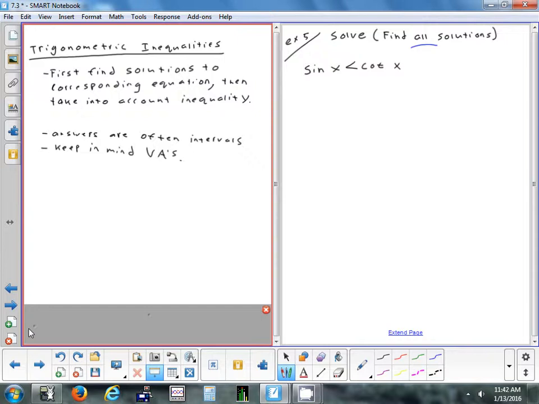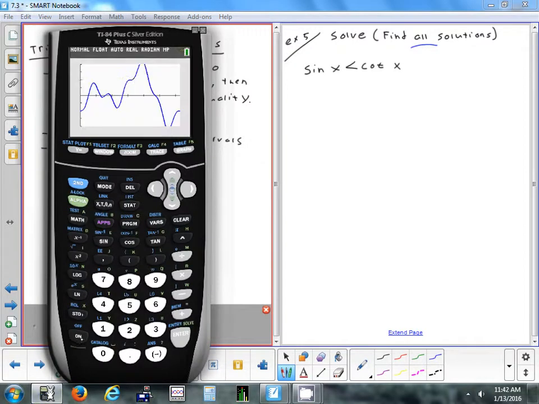You want to calculate intersects, or you want to do roots? Intersect. Okay. So if we do it that way, I'm going to put sine in y1. What am I going to put in y2? 1 over tangent. And I am looking where the blue curve is going to be below the red curve.